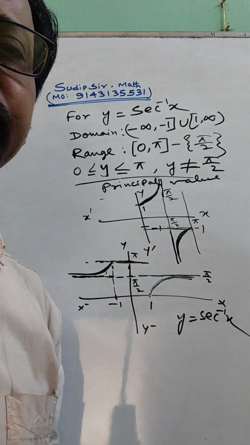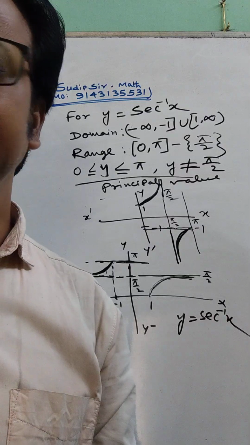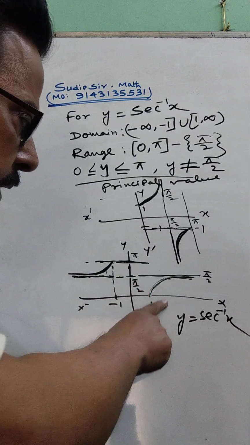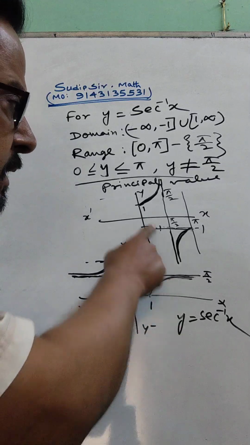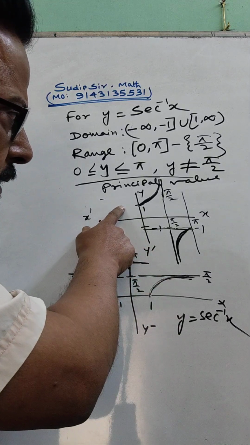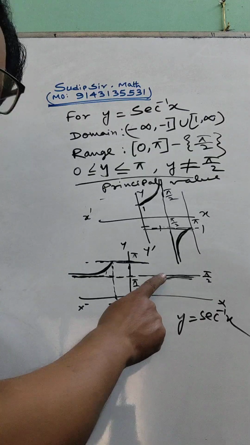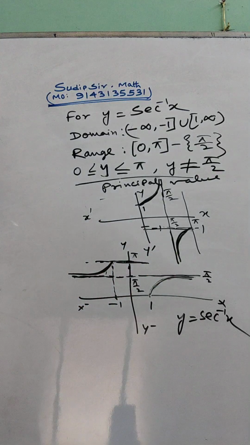So this is the domain and range for sec inverse x, and this is the graph of sec inverse x, this is the graph for y equal to sec x.